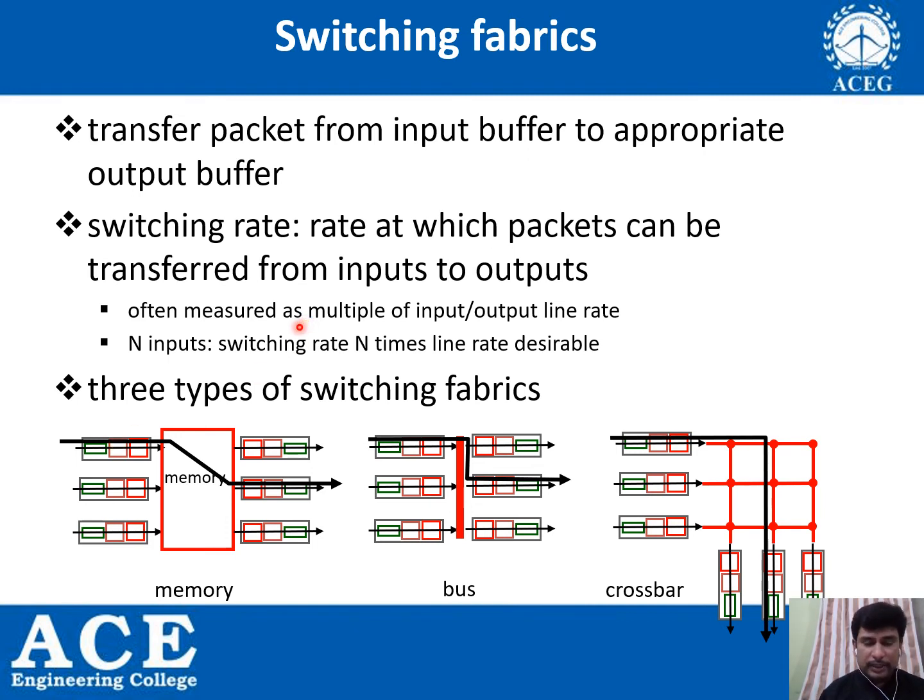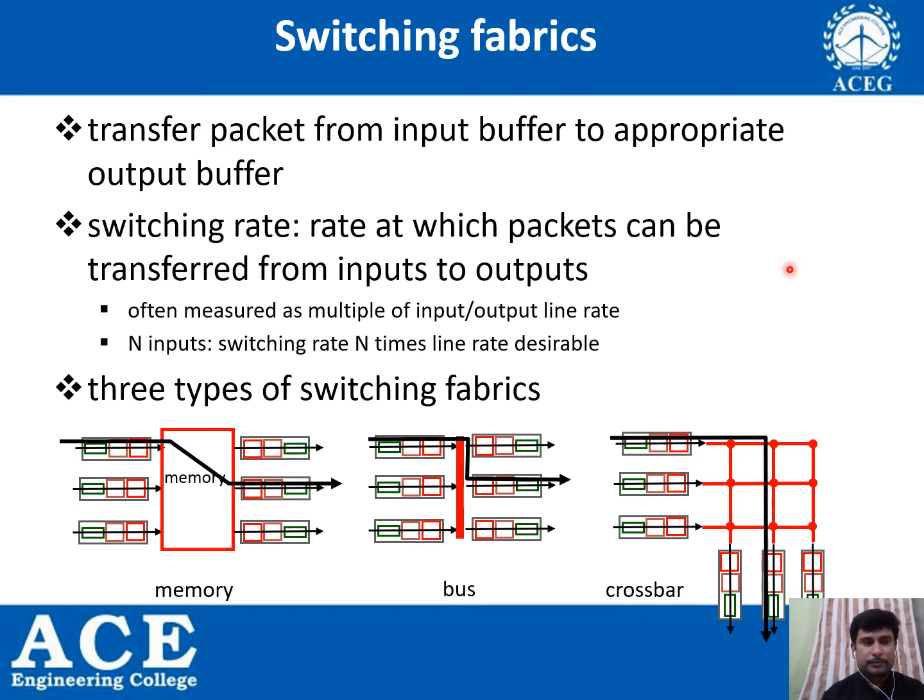Basically, we have three types of switching fabrics implemented. The first type is called memory based. The second type is called bus based, and the third type is crossbar. Let us try to understand all these three types of switching fabrics.